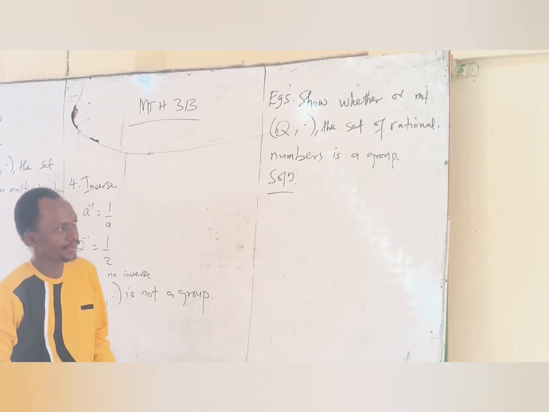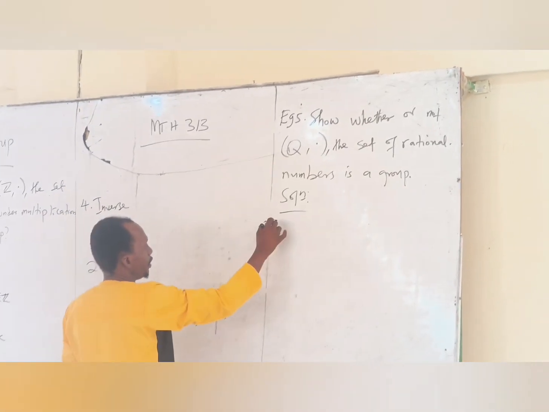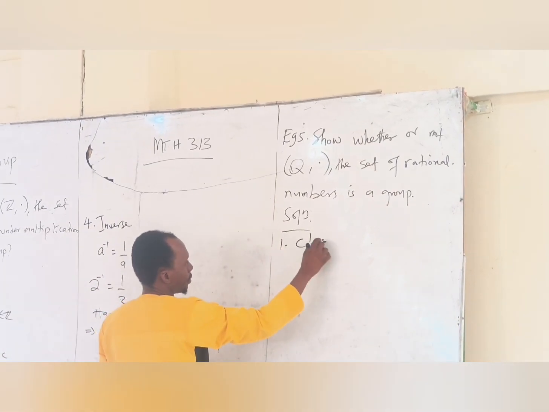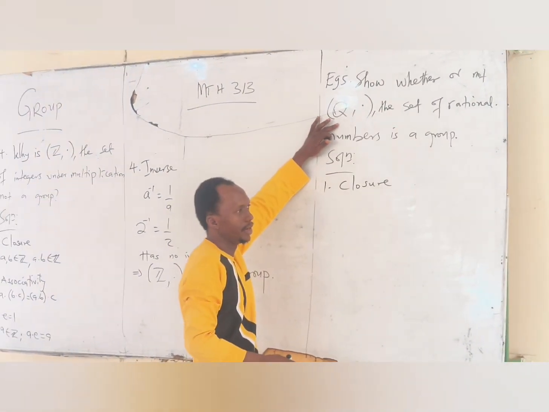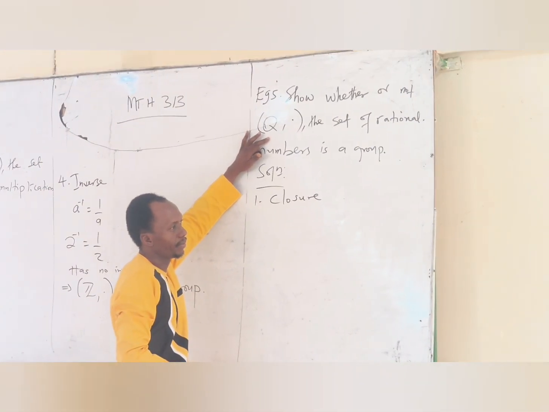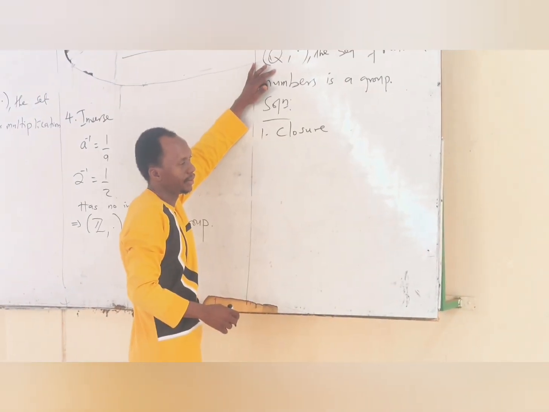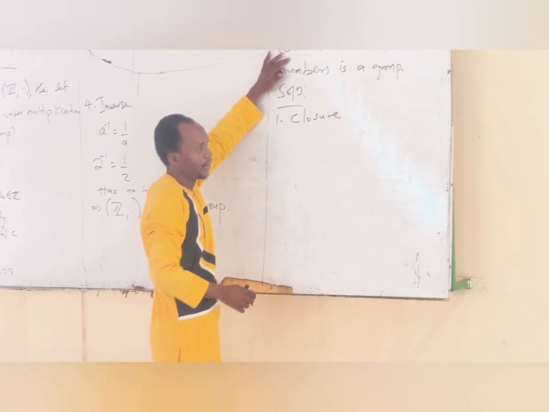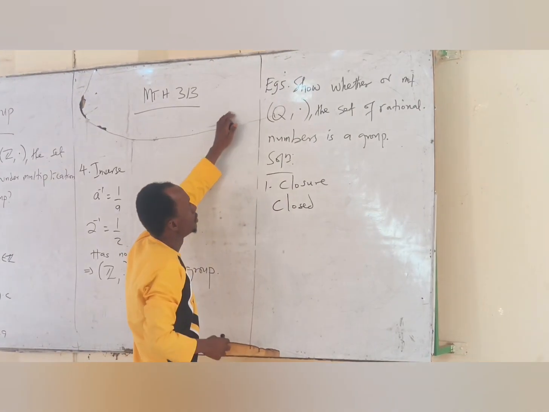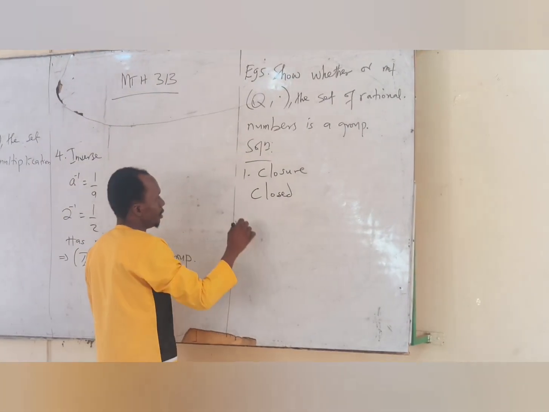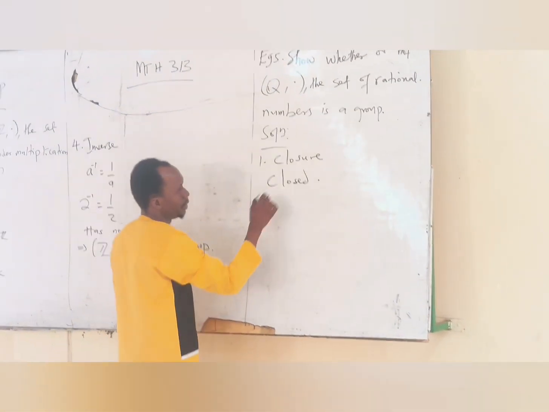So the first one is closure. Let's see if you pick any two rational numbers and you multiply them, whether you get a rational number. Is it closed? It's closed under multiplication, right?